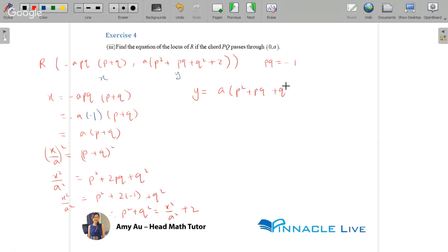PQ is -1. P square plus Q square, let's dump the Y coordinate.